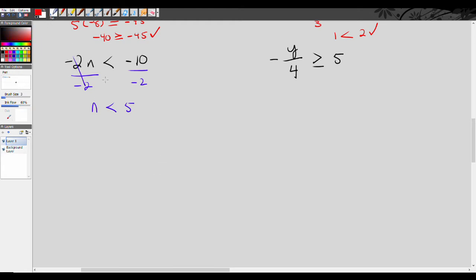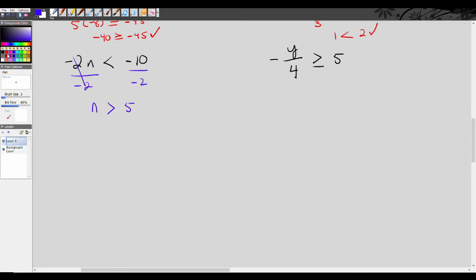So here's the rule. The rule is when you have to undo multiplication or division by a negative number, then you have to reverse the inequality symbol. So what I should have done here, everything I did here was correct. The only difference is I should have reversed this less than and turned it into a greater than.